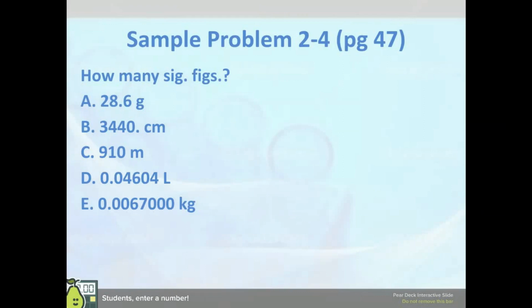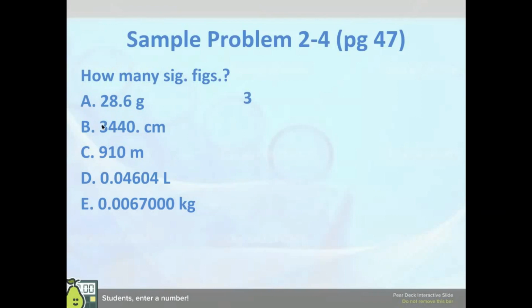So if the decimal is present, we come to the Pacific side of that number. We come to then the first non-zero, which in this case is the 2, and we count everything that is left. So we've got 1, 2, 3 significant figures.